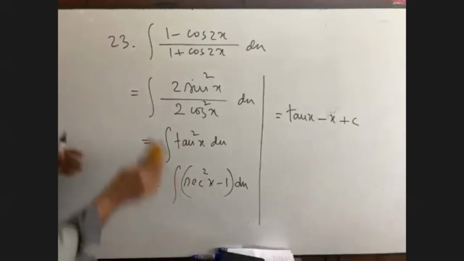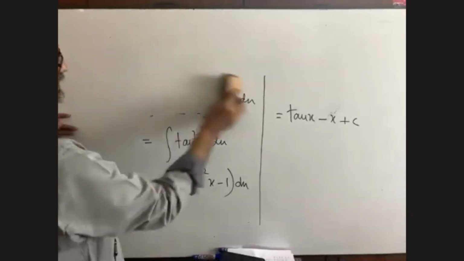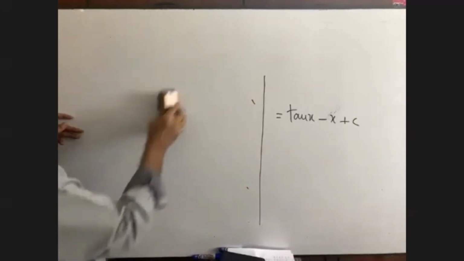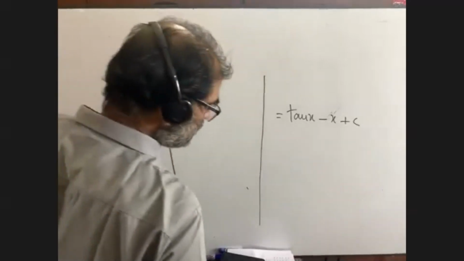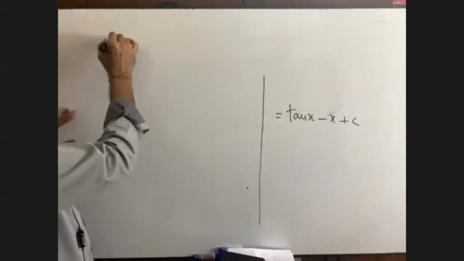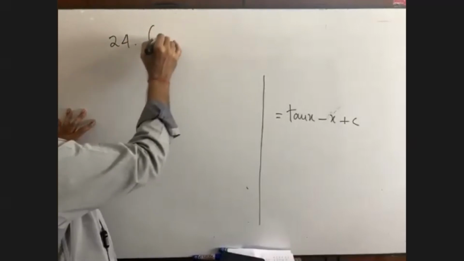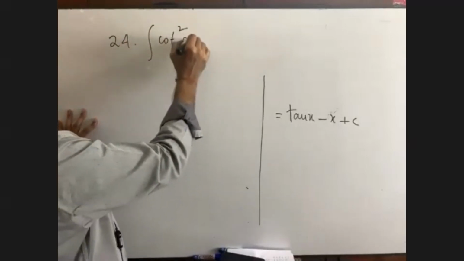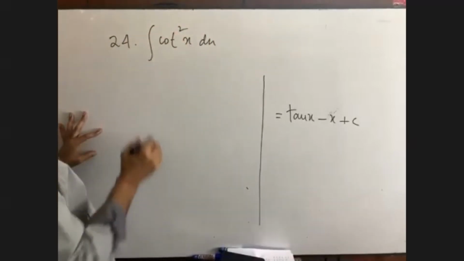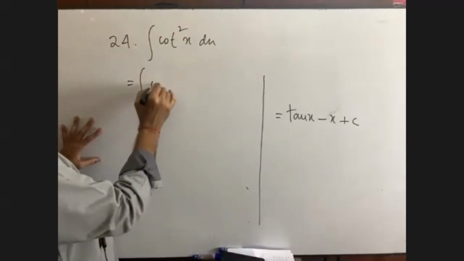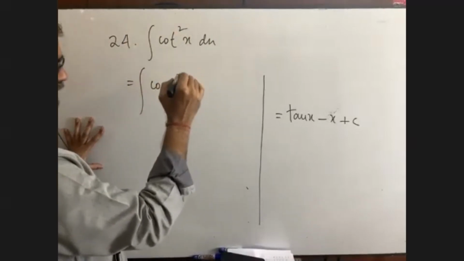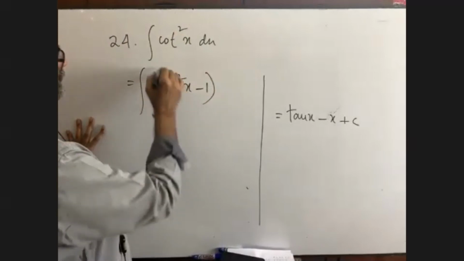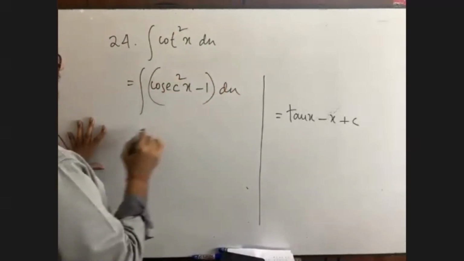This type of math you will get in integration. Then we are getting question number 24. Cot square x dx. We don't have any formula, right? But we can write it cosec square x minus 1 dx, right? Can you write?